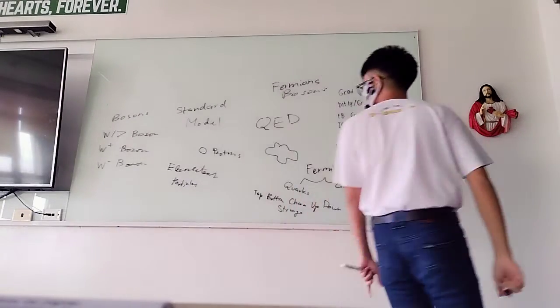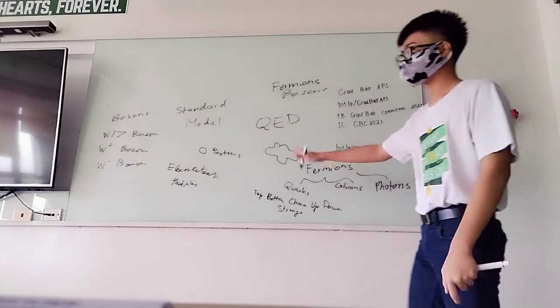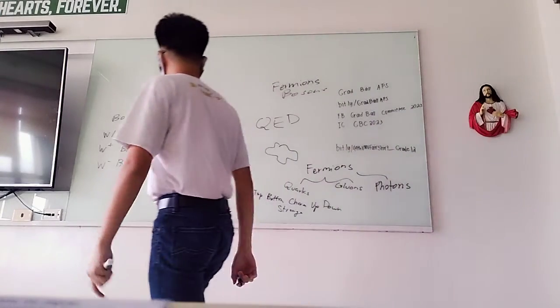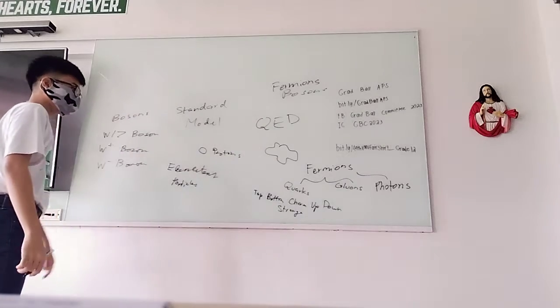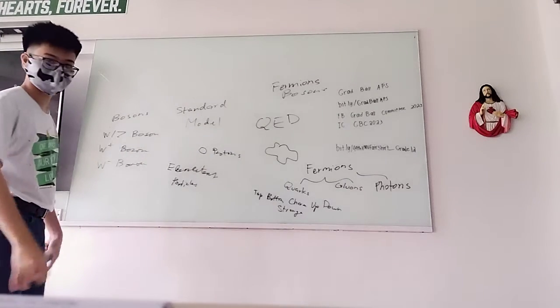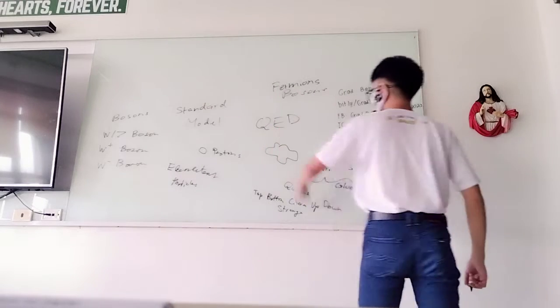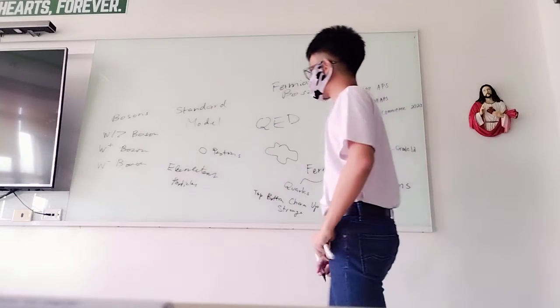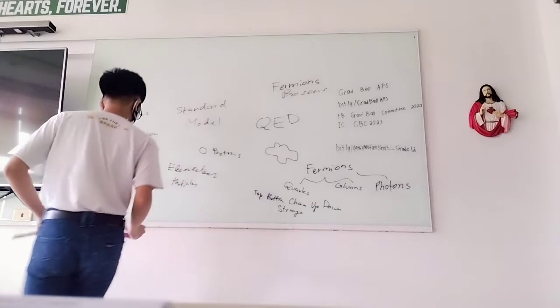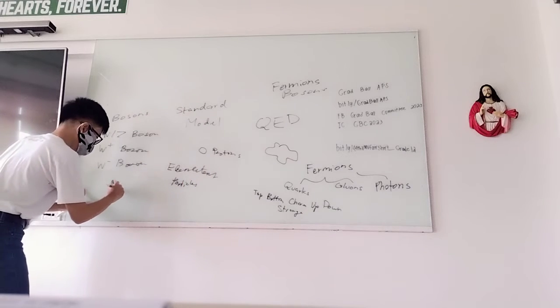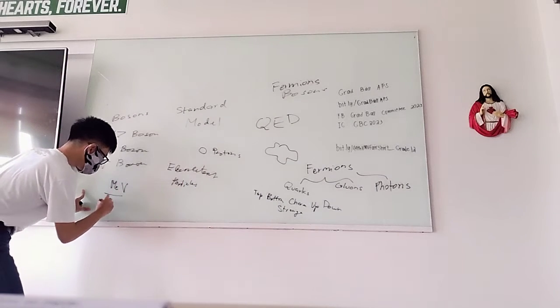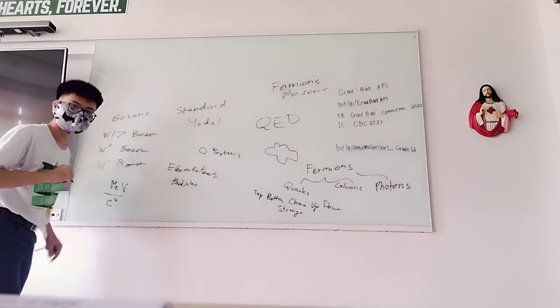These elementary particles have various properties such as spin. They also have, of course, mass. But mass in the case of quantum electrodynamics is not measured in kilograms, but rather in mega electron volts per the speed of light squared.